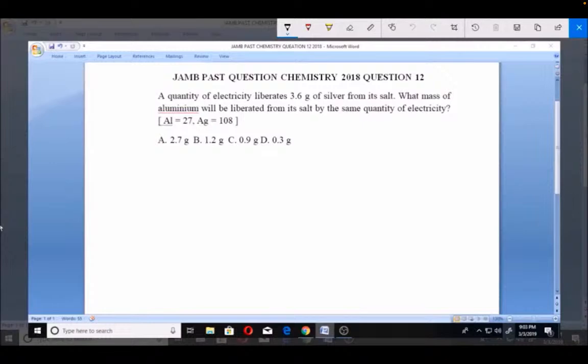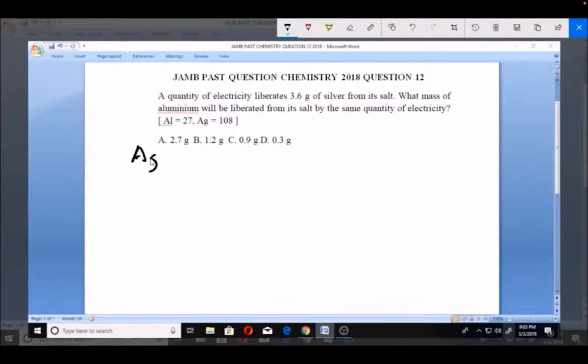Now, whenever you want to solve the problem of electricity and deposition of metals, first of all, you need to know the number of valence electrons, or the number of electrons needed for such action to occur. So for silver, what do we have?